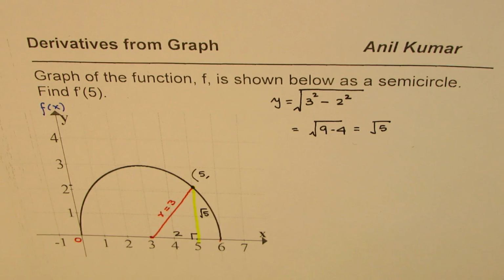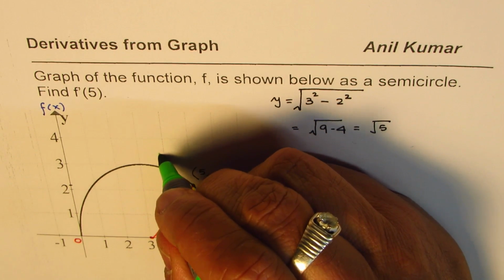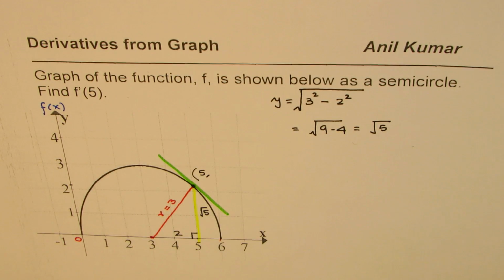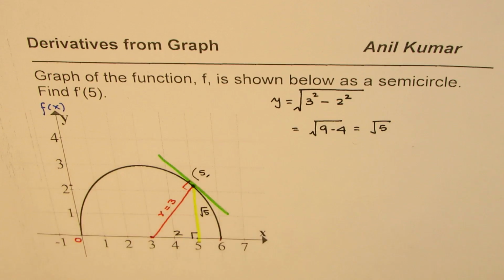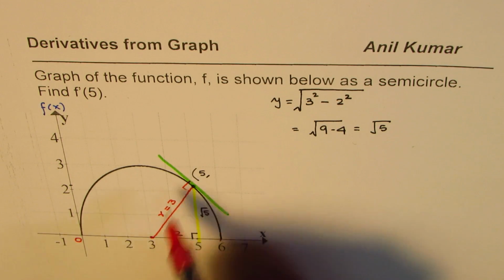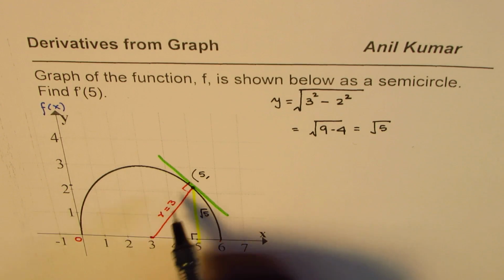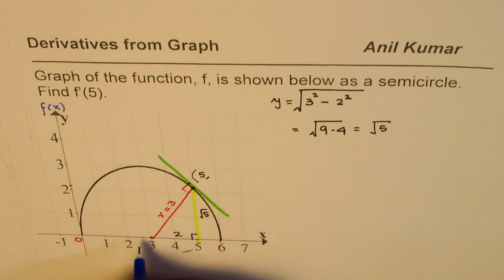We need to find the slope of the tangent. Now the tangent, let me sketch one here, will be kind of like this. As you can see, by definition also, the tangent should be at right angles to the radius. So if we find the slope of this radius, in that case, the tangent slope will be the negative reciprocal. Let me label these points.